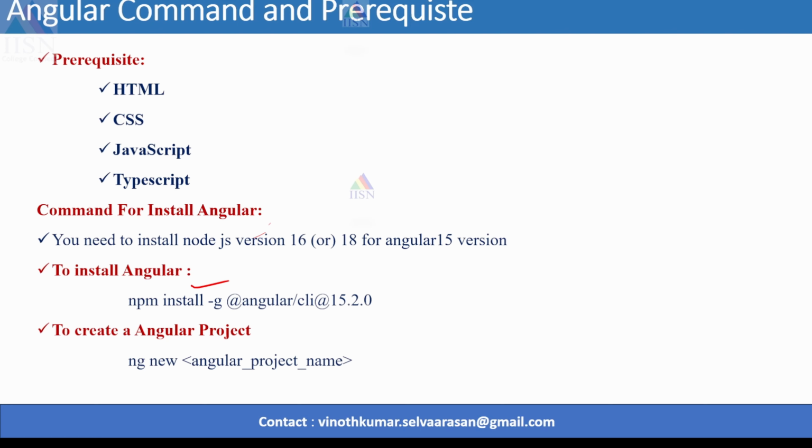After that, we create a project by using the command ng new followed by the Angular project name. This command is used to create an Angular project. Before installing Angular, you need to have Node.js installed in your system. Now we are going to install Angular, followed by creating a project.